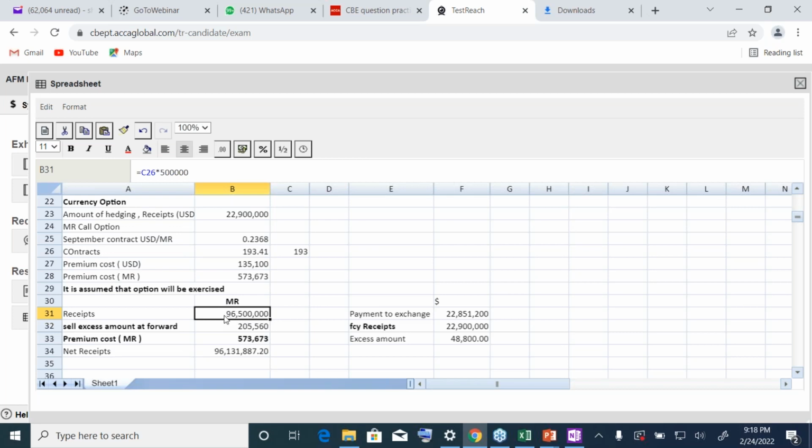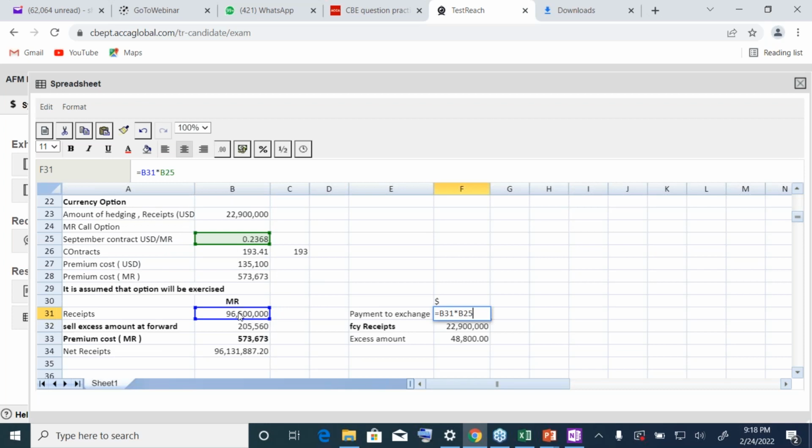96.5 million MR you will be receiving from the exchange. Obviously, in order to receive this amount, we have to pay the other currency, right? If you are receiving MR, you have to pay the other currency to the exchange. At which rate are we paying the other currency? At the strike rate.